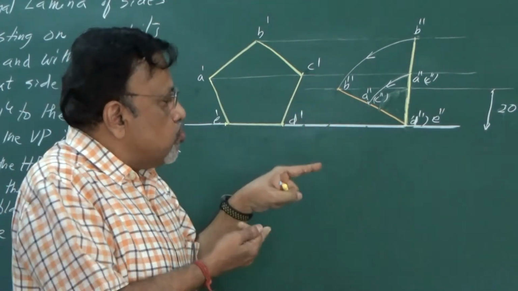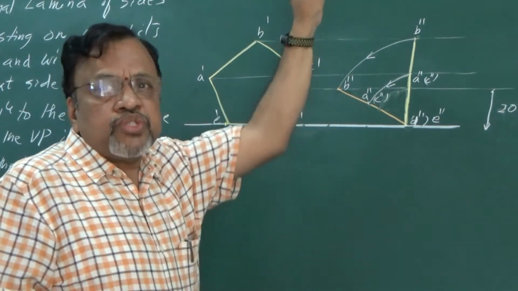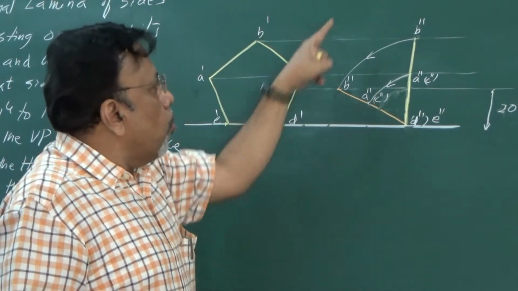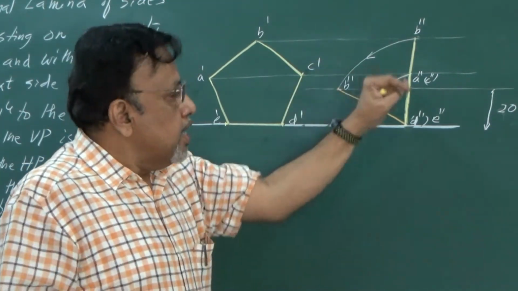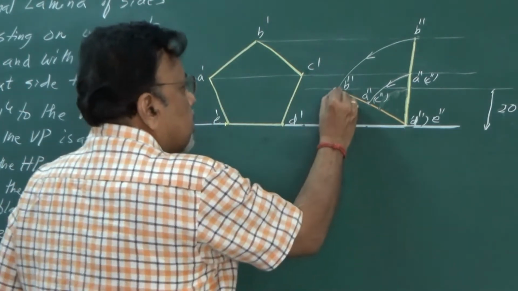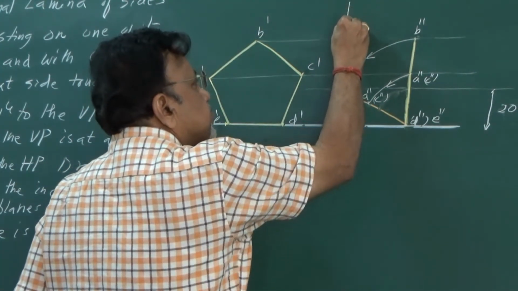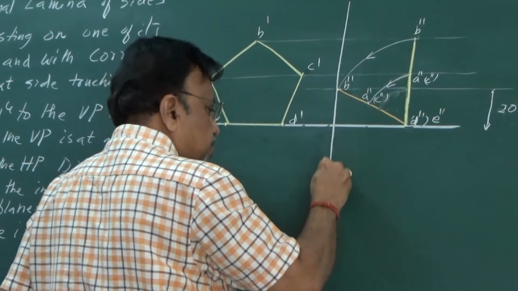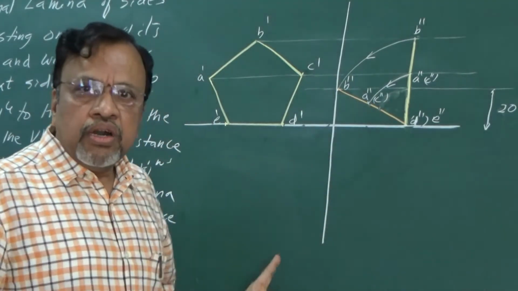Since it has to touch VP, I need to consider this x1 y1 line, because we know that OX1 itself is VP in the side view. So now what do I do then? I will draw a line here. So what is this line now?